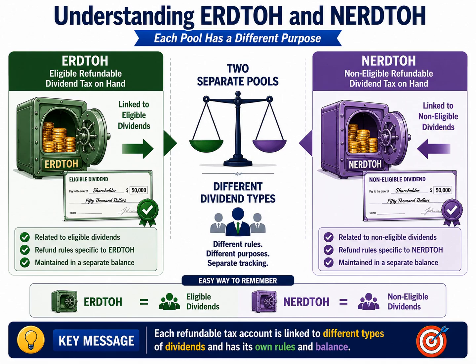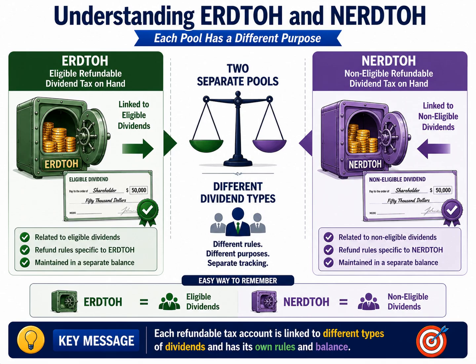The second account is called Non-Eligible Refundable Dividend Tax on Hand, or NERDTOH. This account is associated with non-eligible dividends. It separately tracks refundable tax that is linked to this different category of dividends. Think of these two accounts as two separate storage vaults. One vault stores refundable tax connected with eligible dividends.